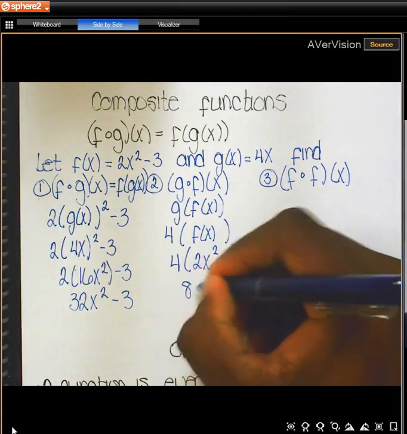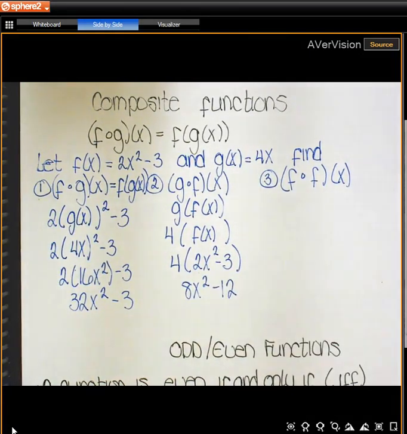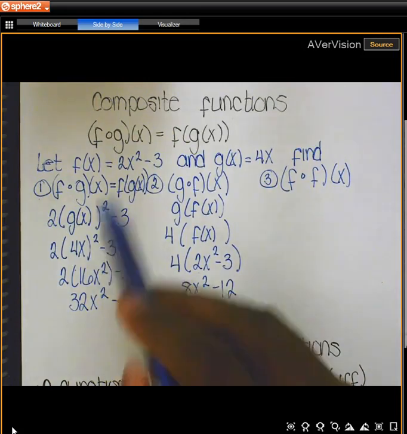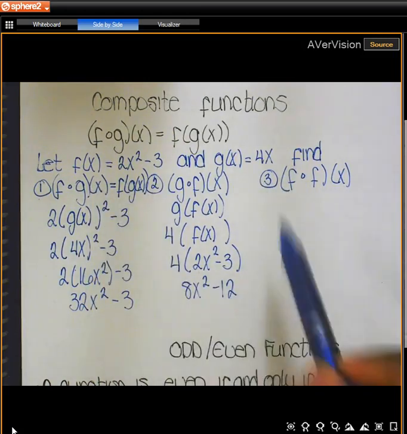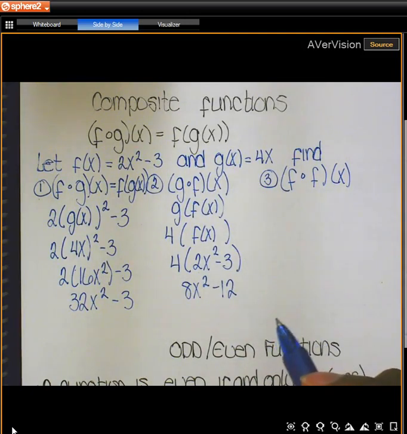So we get 8x squared minus 12. Notice that f of g of x is not always going to equal g of f of x. Any questions on that?